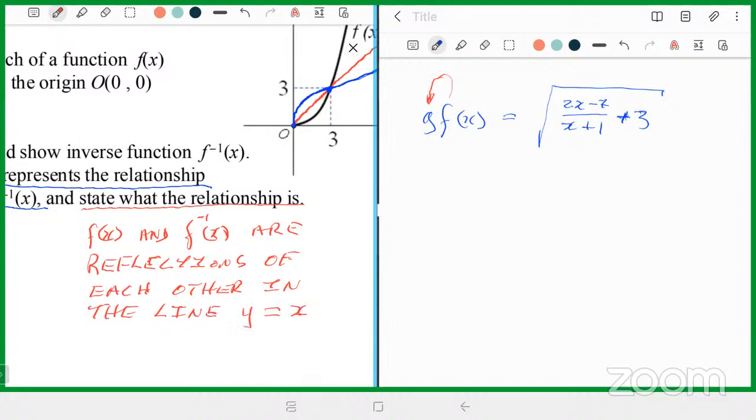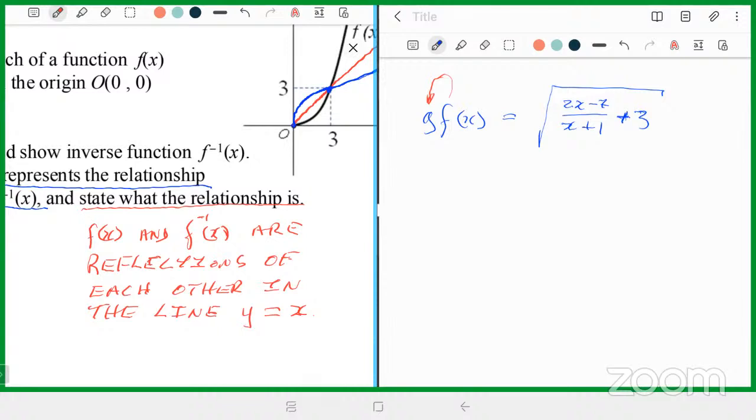That's the relationship between a function and its inverse. Any function and its inverse, that's the relationship between them. If it's g of x and g to the minus 1 of x, same thing. If it's h of x and h to the minus 1 of x, same thing. Any two functions which are inverse of each other, the relationship between them is that they are reflections of each other in the line y equals x.